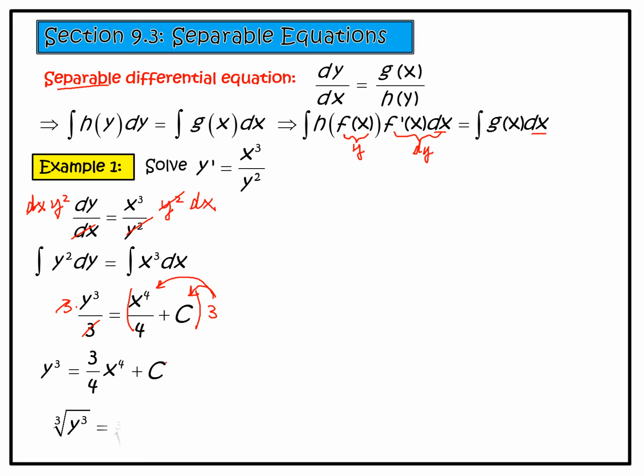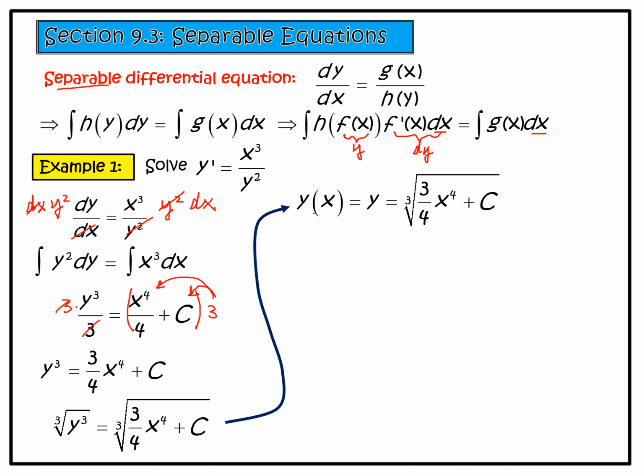Then we want to take cube roots on both sides to undo this cubing. So this gives us y, which is really y of x, a function of x, equals the cube root of 3/4 x to the fourth plus c.